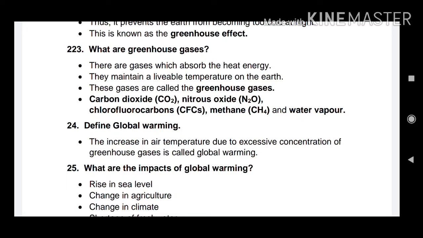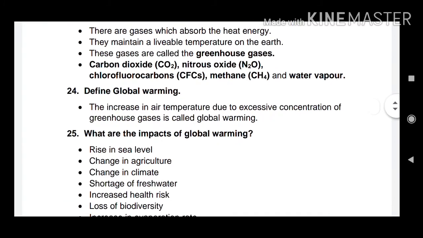These gases are called the greenhouse gases. Carbon dioxide, nitrous oxide, chlorofluorocarbons, methane, and water vapor are some examples of greenhouse gases.